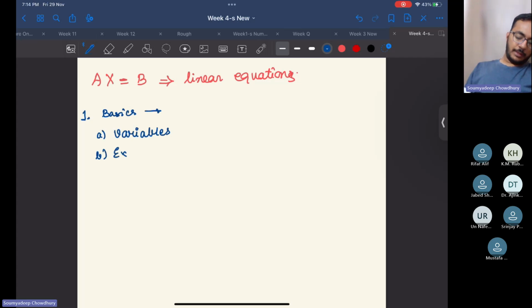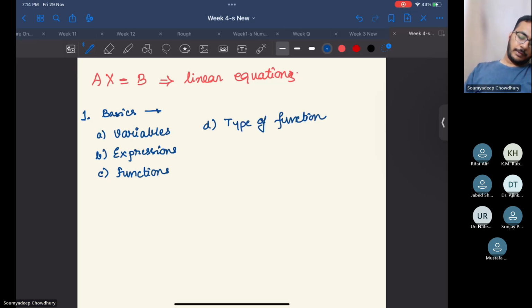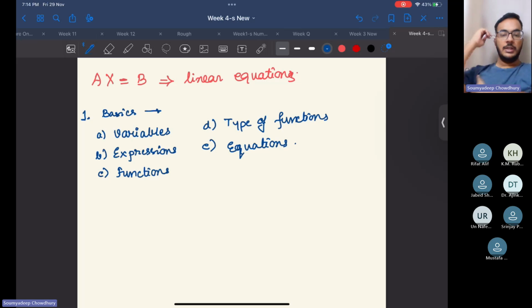Then using those variables, we form different mathematical expressions. These expressions, when equated to a particular value on the right hand side, we call them functions. Then we have different types of functions. When we equate these functions or expressions to different values, then we form what is called an equation. So in that equation, we have linear and non-linear equations, right?